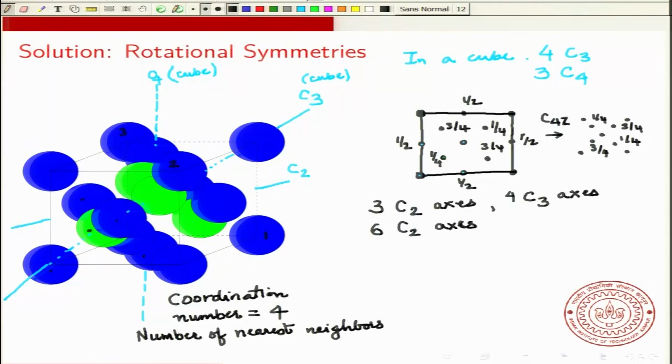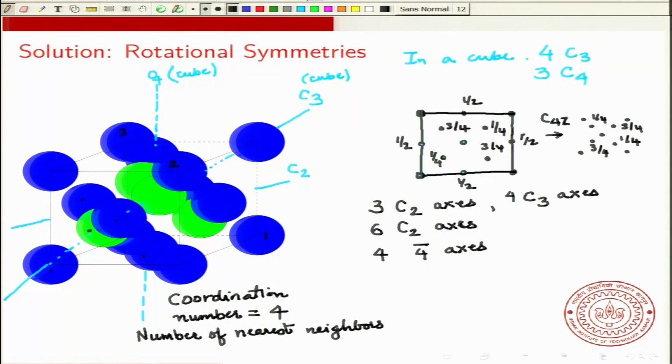So what was the C4 axis in a cube becomes an S4 axis. So the C4 axis of the cube becomes an S4 axis. So there are 4 S4 axes, or rather let me use 4 bar axes. 4 bar means you rotate it and you invert about the center.